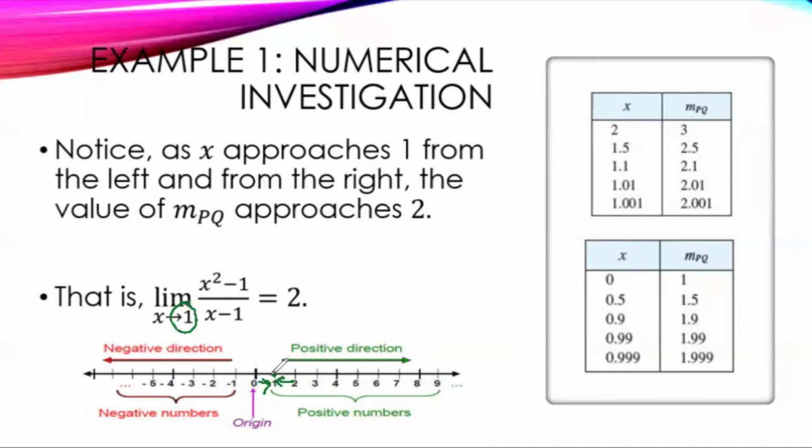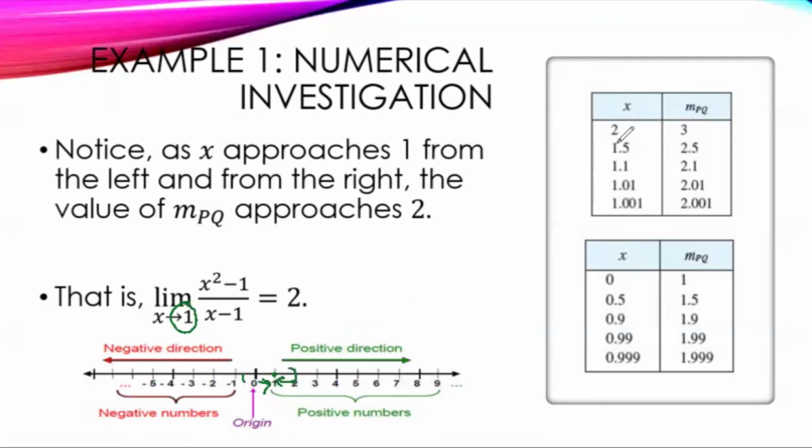Since this is in the open interval 0, 1, or any interval, let's say this interval, for example, we choose values in the open interval that are closer to 1 from the left and from the right. So we start from the right of 1.